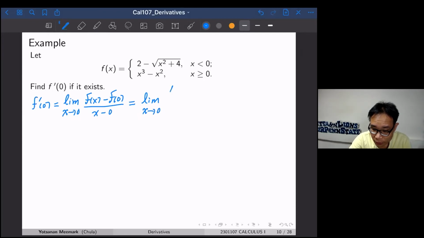Your f(x) turned out to be two formulas, 2 minus root x squared plus 4. Okay, let me crop this. It must be easier.